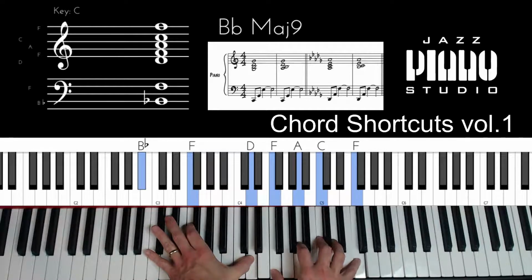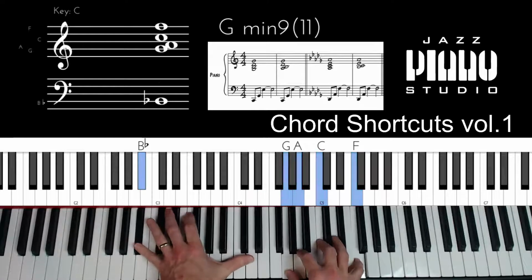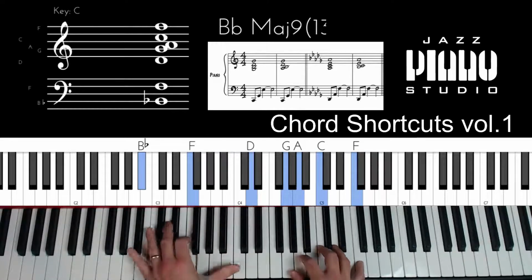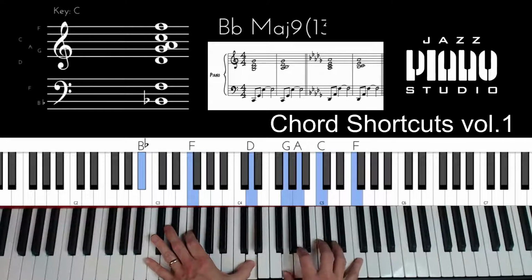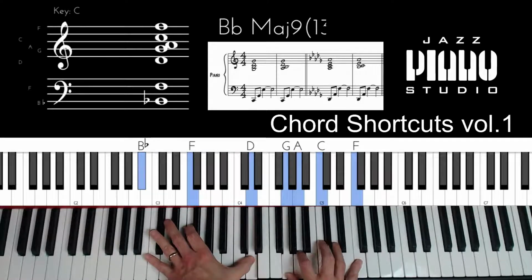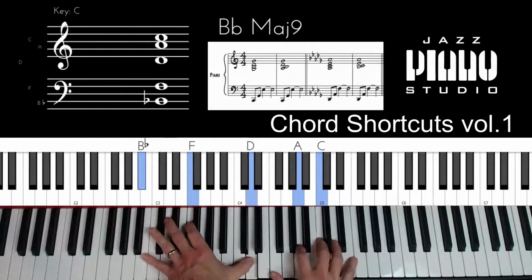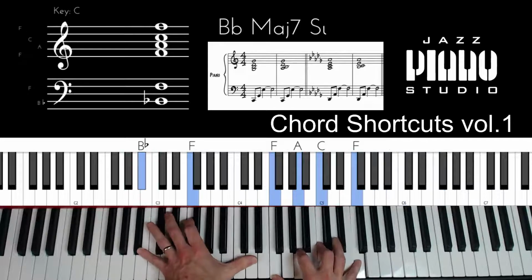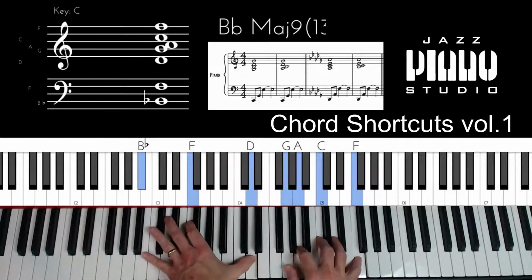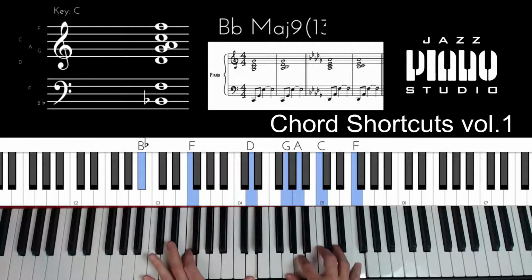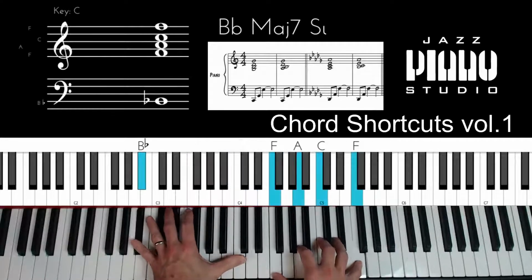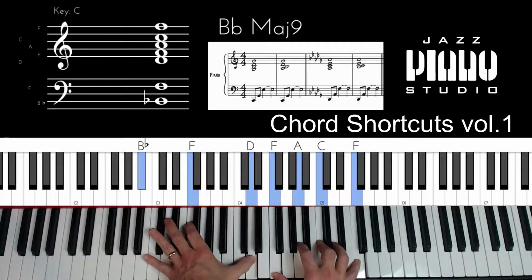My trick here will be to go up a whole step to G, or just back to F. Just by changing that one note from F to G, it really changes the quality of the chord, the sound of it.